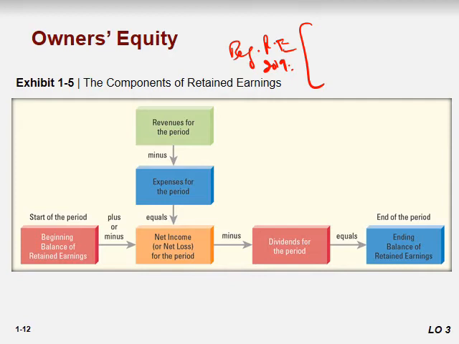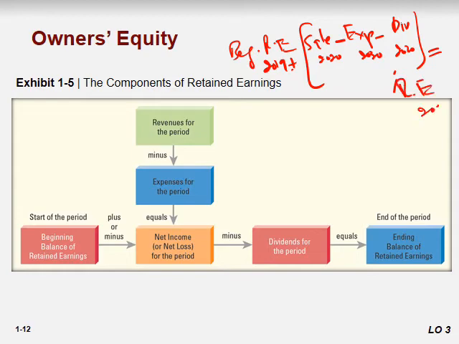So you add sales or revenue in 2020, you minus expenses in 2020, you minus dividend in 2020, and the rest would equal the retained earnings of 2020. That's what this diagram says.